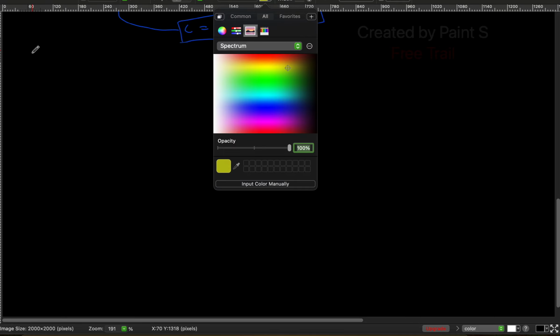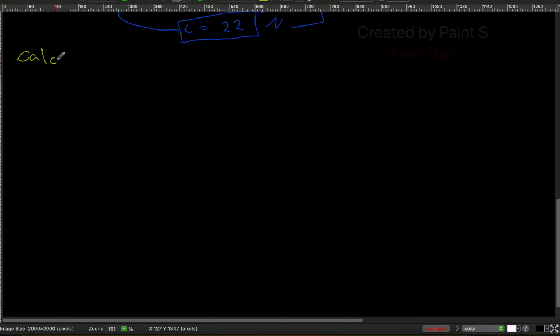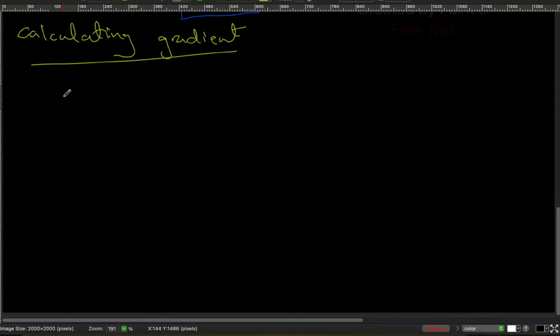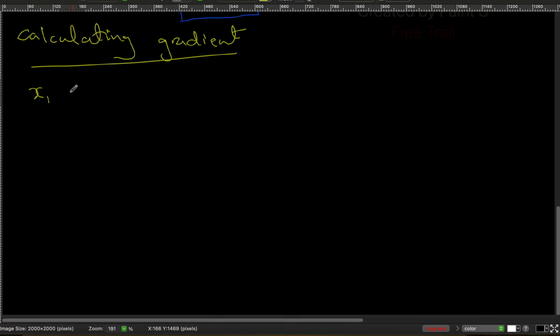So let's do it like this. Calculating the gradient. When I'm calculating the gradient, given 2 points, if I have x1 and y1 as my first point, I also have x2, y2 as the second point.